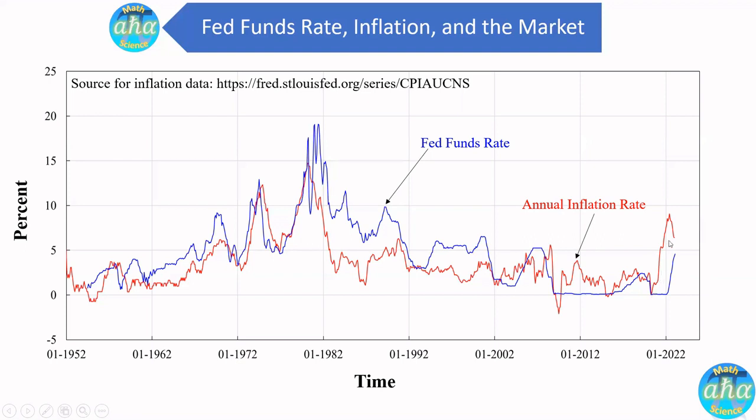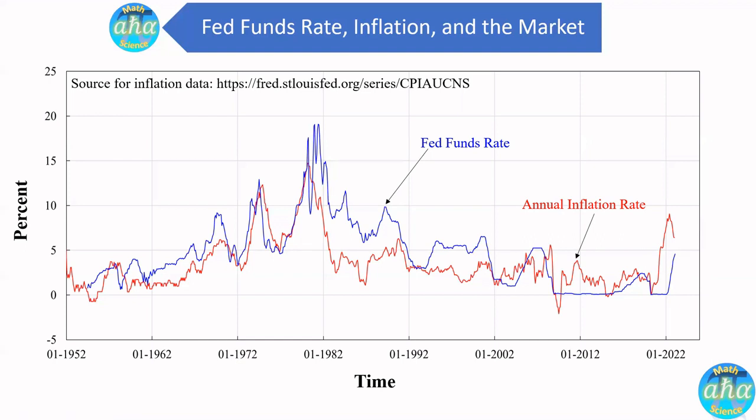You can see the inflation picked up here, but then the federal funds rate did not respond until almost 2 years later. So there's a huge delay, and that's causing some problems, and perhaps causing the Federal Reserve to hike the rates more, and then keep the rates at a high level for a long time.